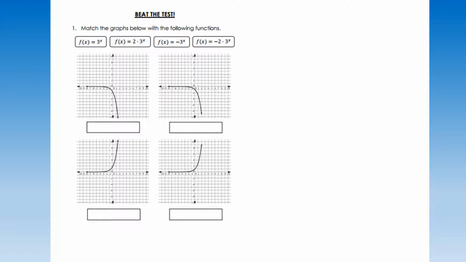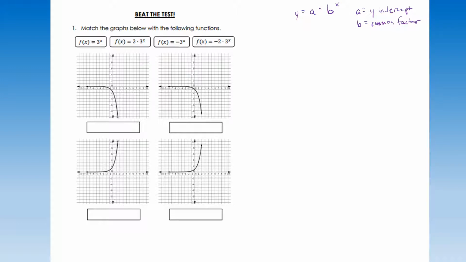All right, so let's take these one at a time here. So remember, we're using y equals a times b to the x power, where a is the y-intercept of the graph, and b is the common factor.